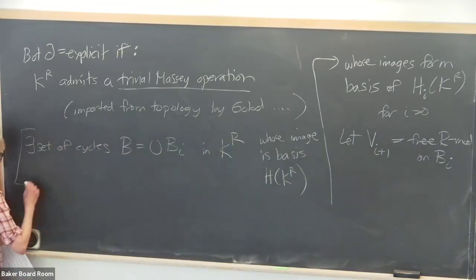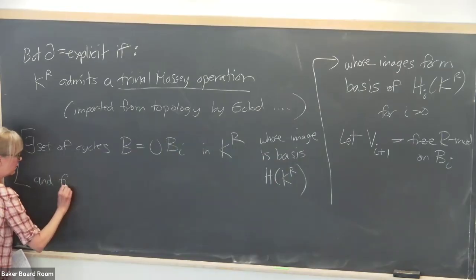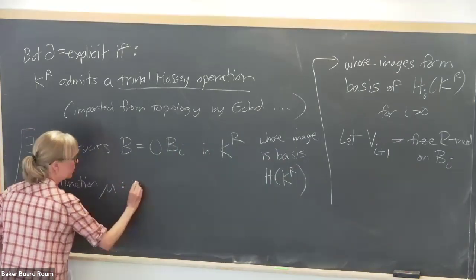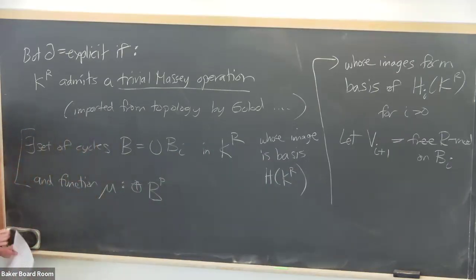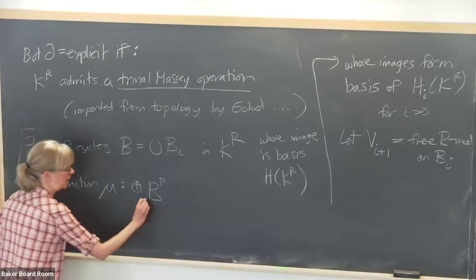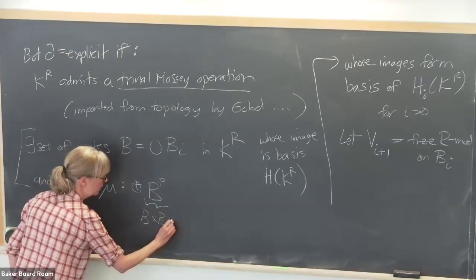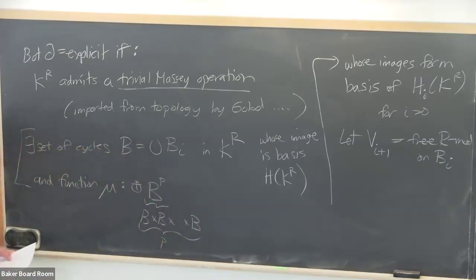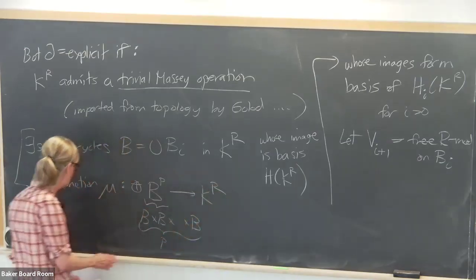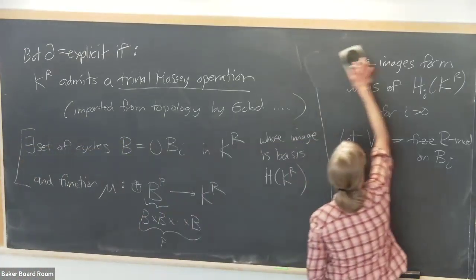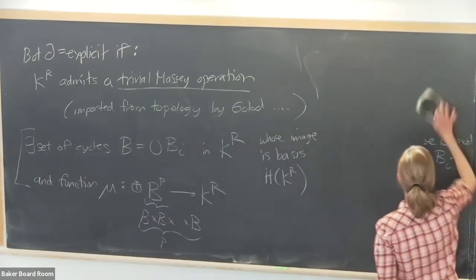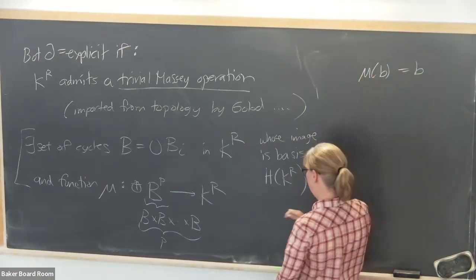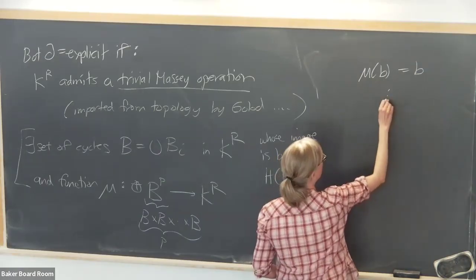But there's something you can do with them, a function mu from the direct sum of B^P, which means ordered tuples of length P, to the Kazoo complex that satisfies some properties. You want mu of B to be B, so a tuple of one element to be itself. You want some more things, but let me write the general one down.